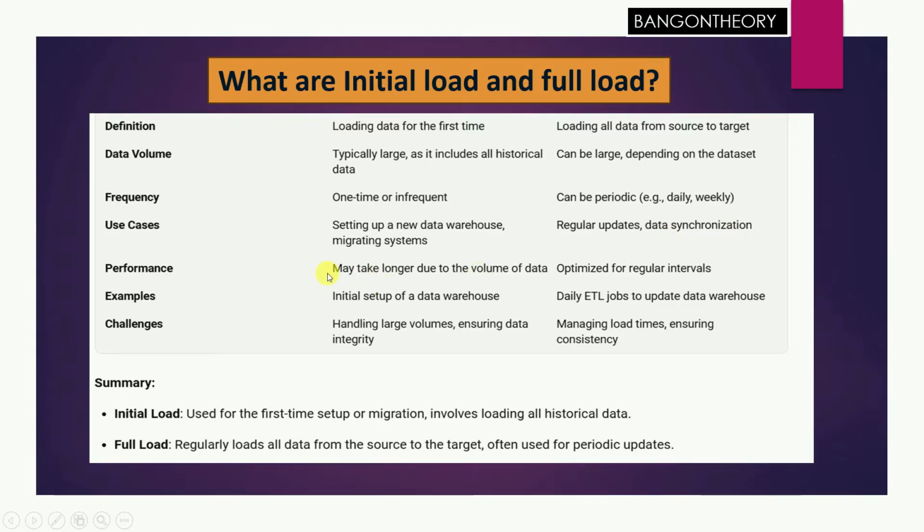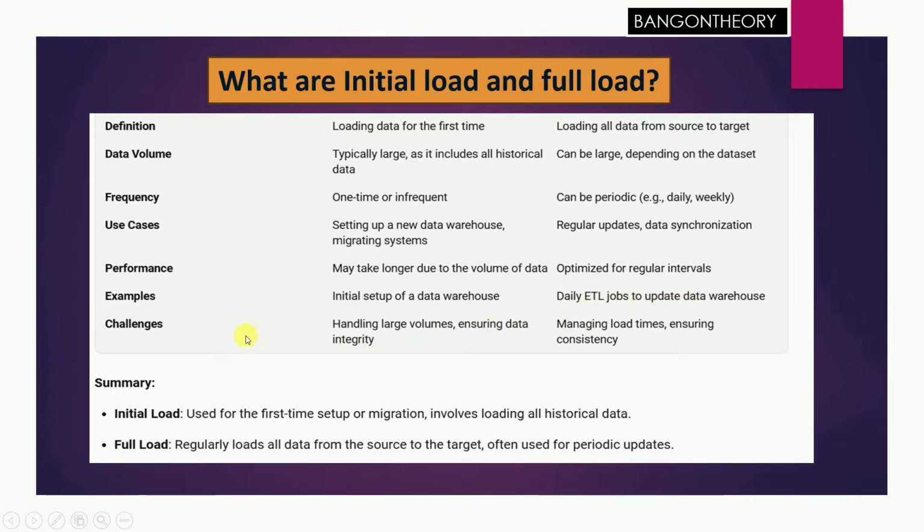In terms of performance, initial load may take longer due to the volume of data, and full load is optimized for regular intervals. Examples: initial setup of a data warehouse, and for full load, day-to-day ETL jobs which run to update the data warehouse.